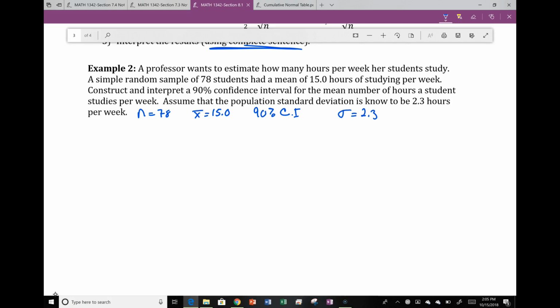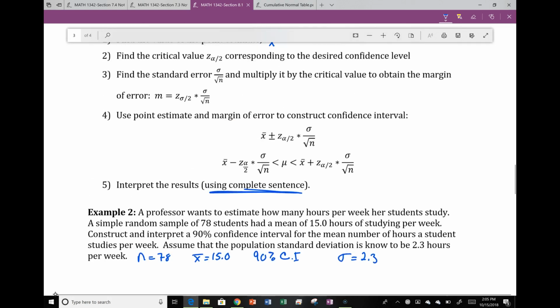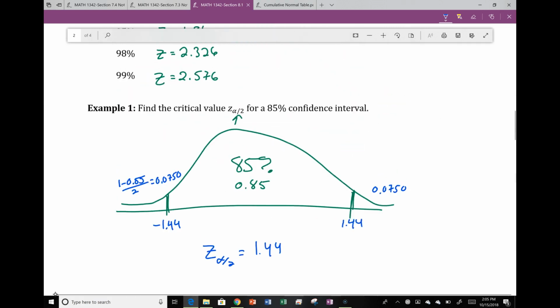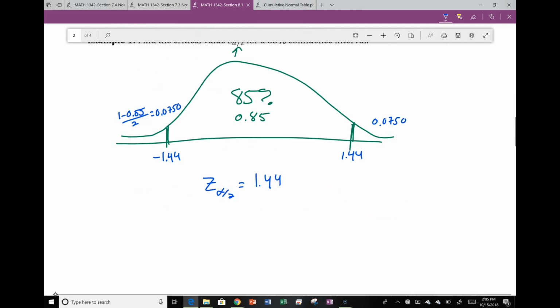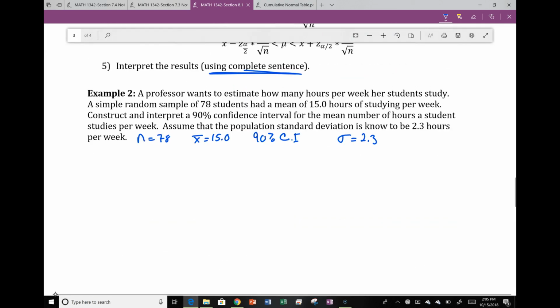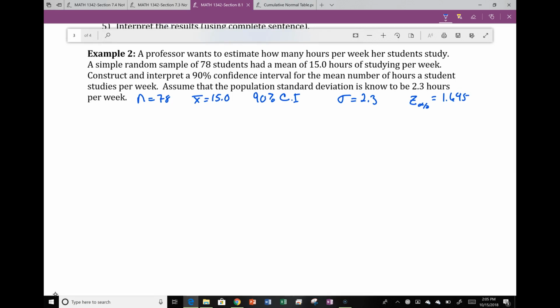Okay, so we have our n, we have our x bar, we have our sigma. We need our critical value that corresponds to 90%. Well, if I scroll back up to the critical values that we've already discussed, 90% is a 1.645. So we're going to use a z alpha divided by 2 of 1.645. So let's find our margin of error first.